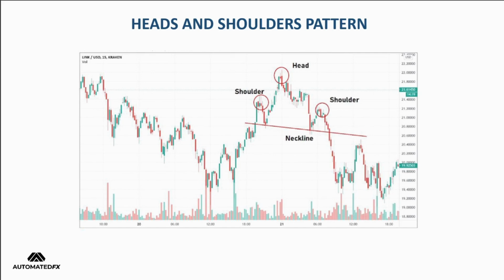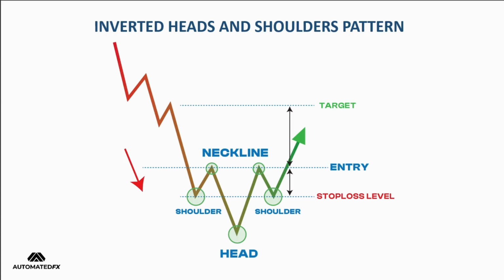The next important thing is the inverted head and shoulders pattern. The inverted head and shoulders pattern is the bullish counterpart of the standard head and shoulders. It usually appears after a downtrend and signals a possible upward reversal.